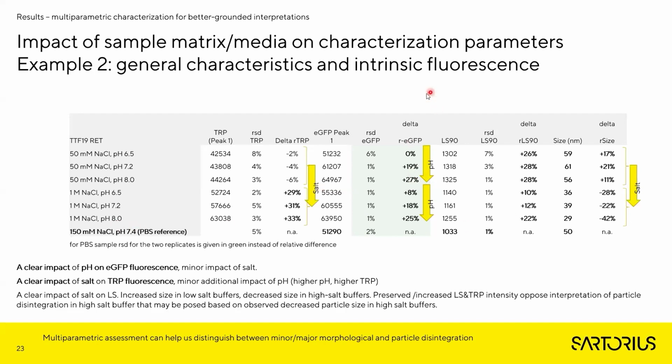Again, with isolated information about the EGFP fluorescence, we might conclude that the particles are unstable in acidic conditions. However, taking together all the information provided from the chromatogram together with tryptophan fluorescence, light scattering intensity and size of particles, we can link this lower fluorescence to the sensitivity of the EGFP itself, rather than to degradation of the particles at lower pH.